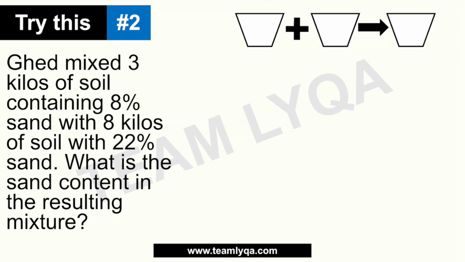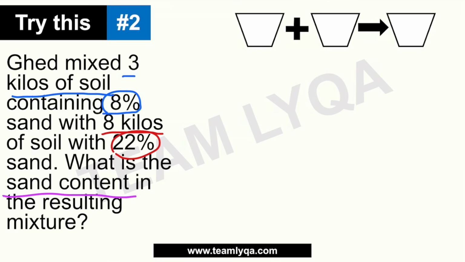Pero, again, the concept remains the same. Nilagay ko lang na example ito just in case ma-encounter nyo siya sa wild tas iba yung mga binigay na information. Hindi siya laging liters. Okay? So, we have 3 kilos daw of soil na 8%. Ito yung ating blue. Tapos, ihahalo natin siya sa 8 kilos naman of soil na 22%. Ang hinahanap again is the sand content. Okay?